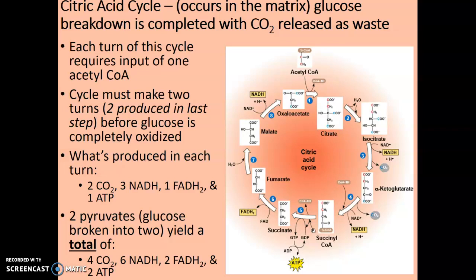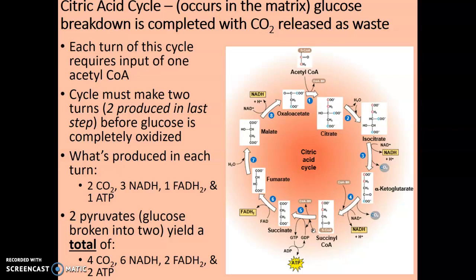Now, in the citric acid cycle, glucose is broken down completely, with CO2 released as waste. Each turn of the cycle requires input of 1 acetyl coenzyme A, so the cycle has to make 2 turns before glucose is completely oxidized. What's produced in each turn? 2 CO2, 3 NADHs, 1 FADH2, and 1 ATP.